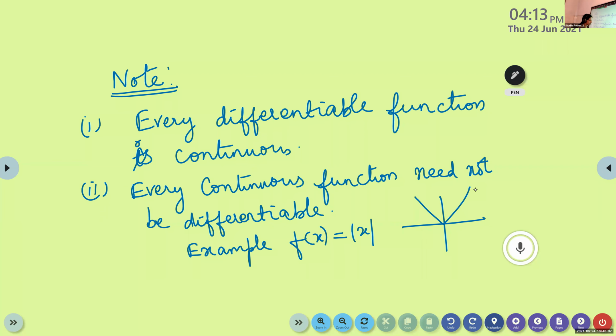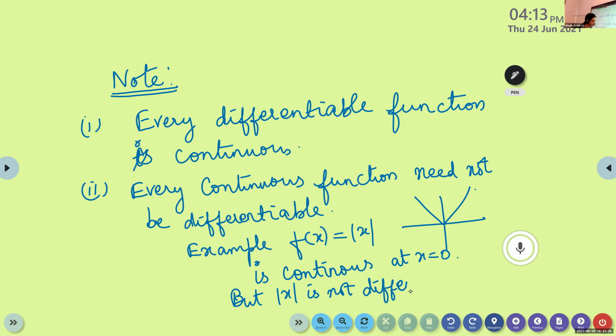So f of x is equal to mod x is continuous at x is equal to 0. But mod x is not differentiable at x is equal to 0.